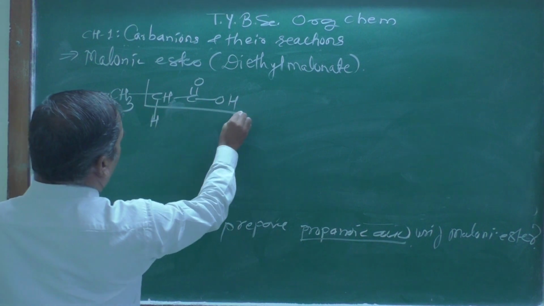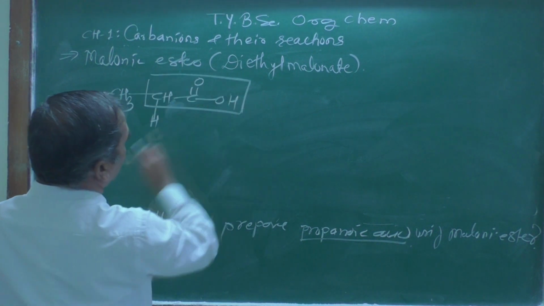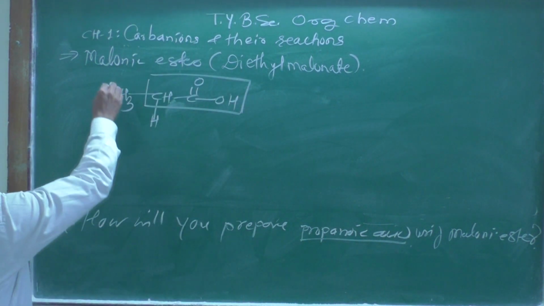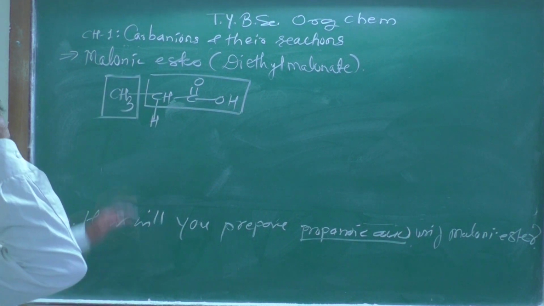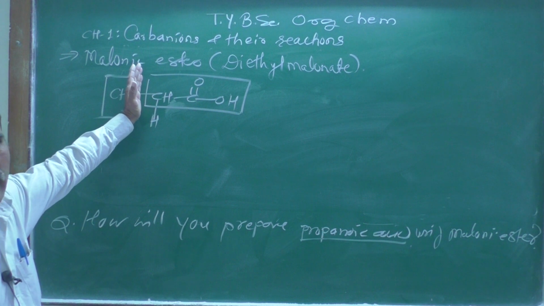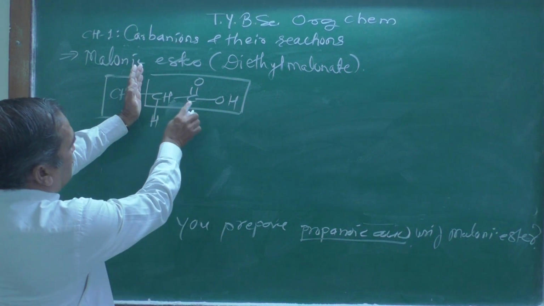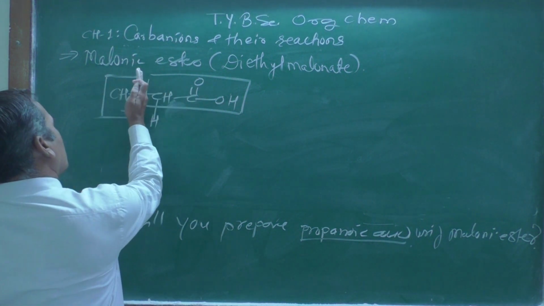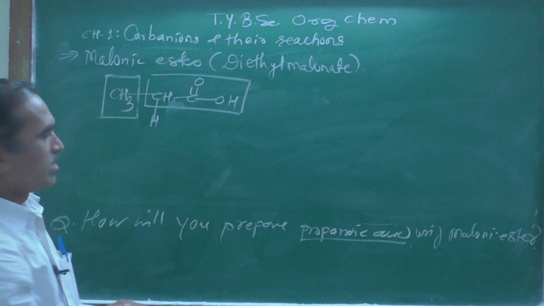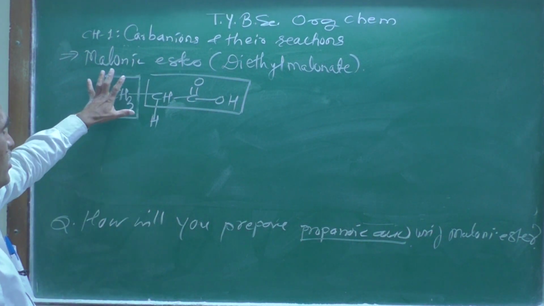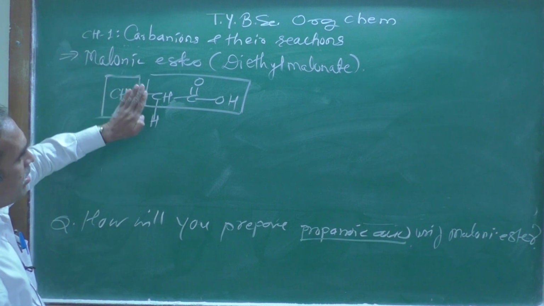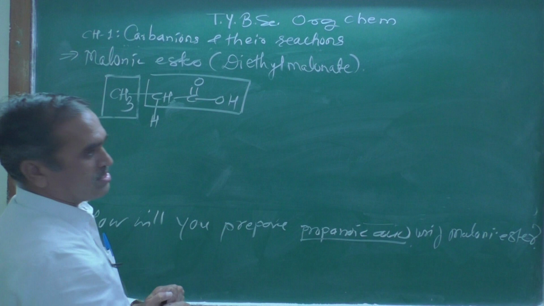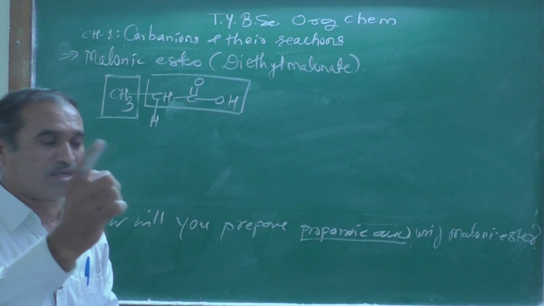Look here, I am making two parts, and the two blocks clearly indicate this. One part suggests CH double bond OH, and the other part is a methyl group. This is an alkyl group, because this part is coming from the alkyl group and this part is coming from the malonic ester.